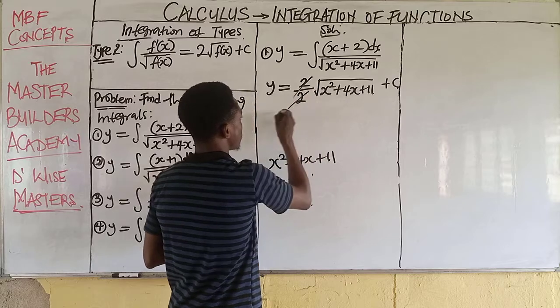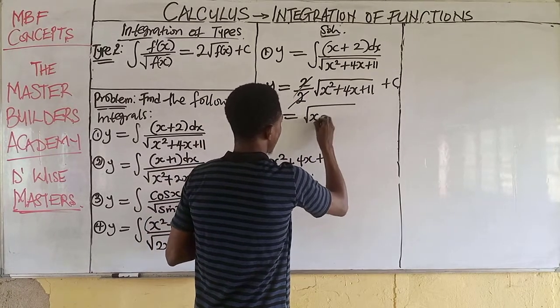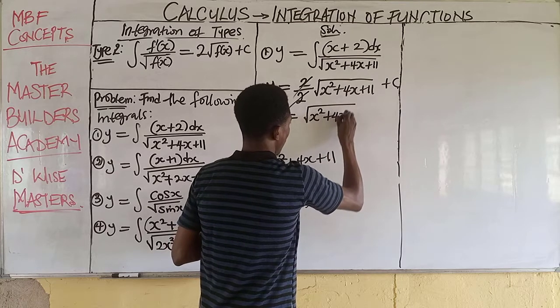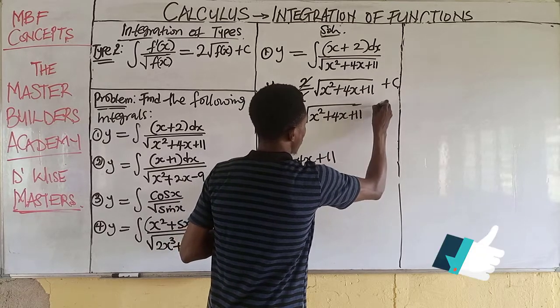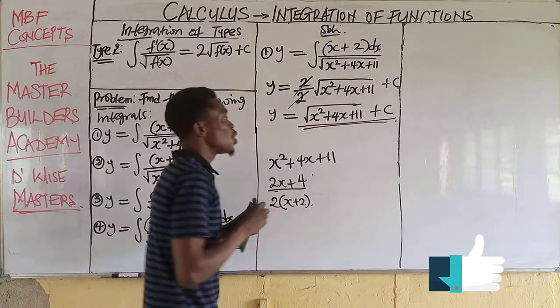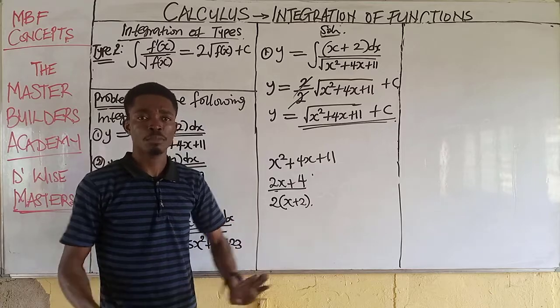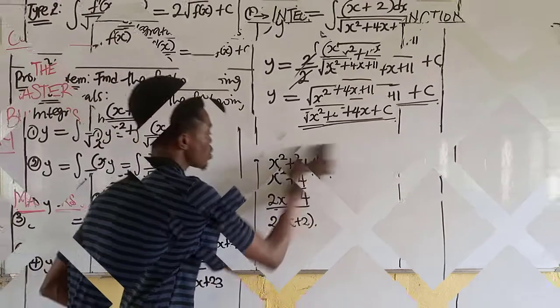Then this 2 takes care of this 2. So y is the square root of x squared plus 4x plus 11 plus c. This is the answer to this very question. Very simple. So simple. Now, let's look at the next case.